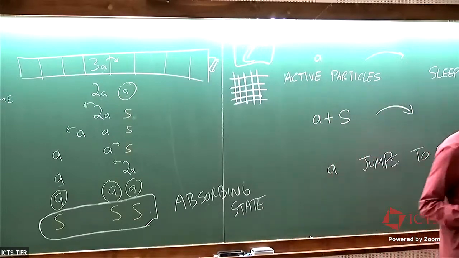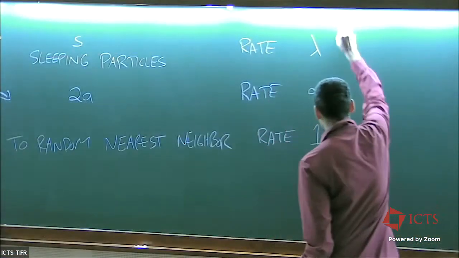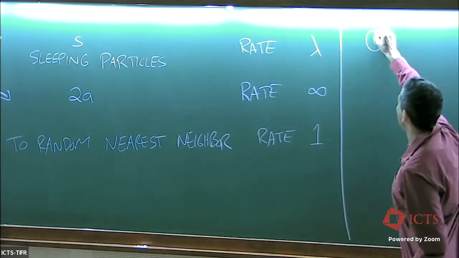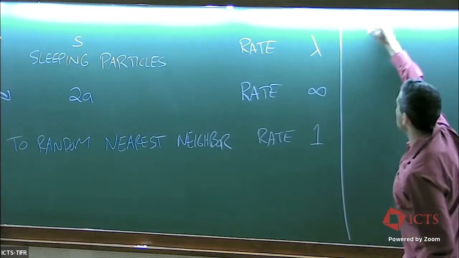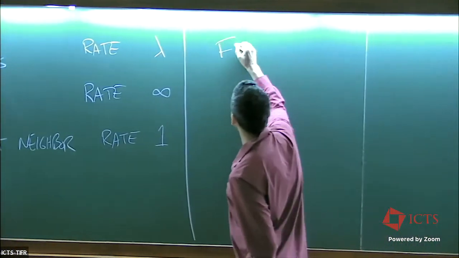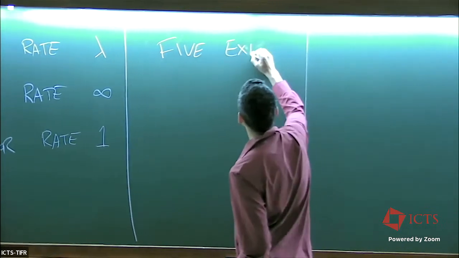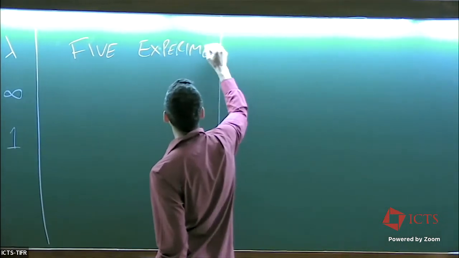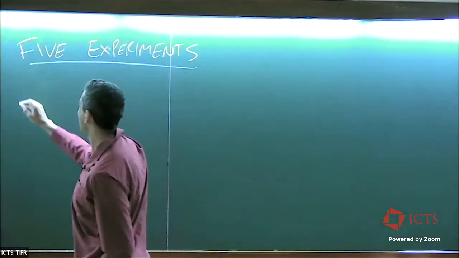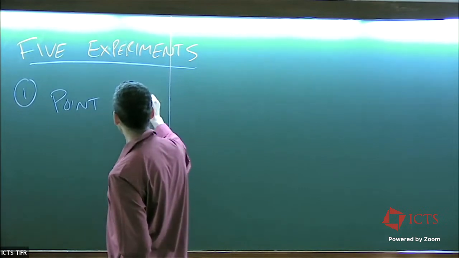Boundary condition, good. So now that we have the physics of our toy universe, I want to talk about several different experiments you can do in this universe, starting with the point source with no boundary condition. So let me talk about, say, 5 experiments you can do. Point source.